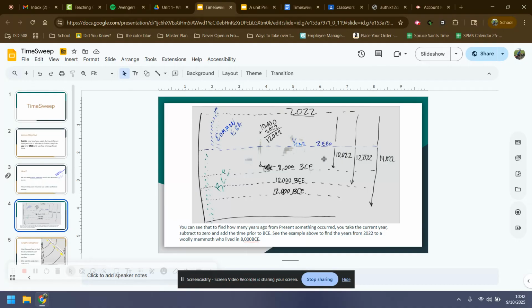The way that you can sort this out, an easy way to figure out how long ago something happened: if I want to learn how long ago the year 10,000 was, you can just add the difference from year zero to now. When I made this picture, it was 2022, but to do it today, whatever year you're watching this in, you just take the year you're trying to find.